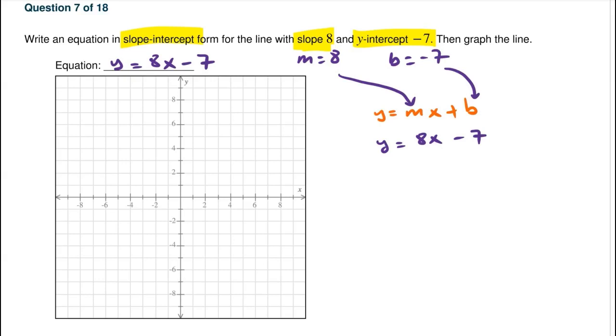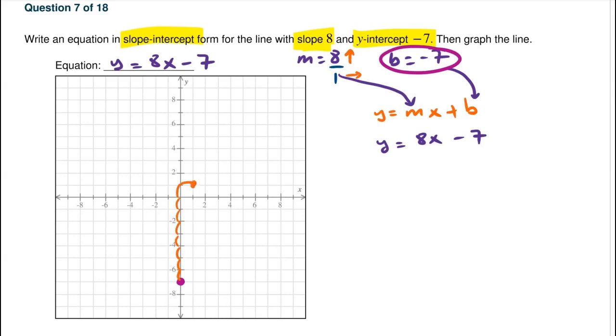Alright, we're going to graph this. Begin at negative 7. From that one, slope is 8 over 1. That will tell you to go up 8 and run 1. So 1, 2, 3, 4, 5, 6, 7, 8.